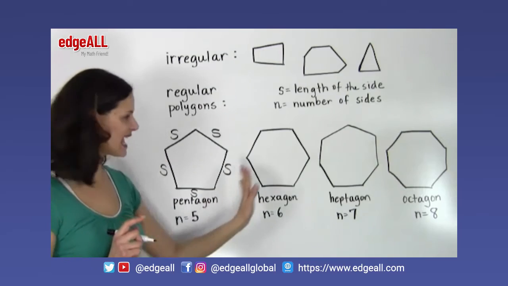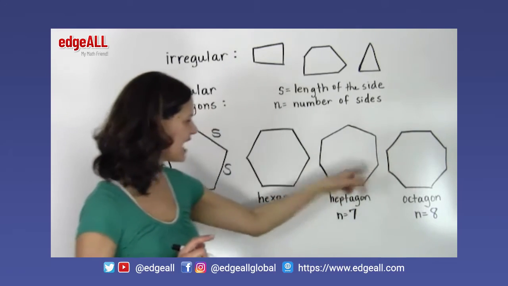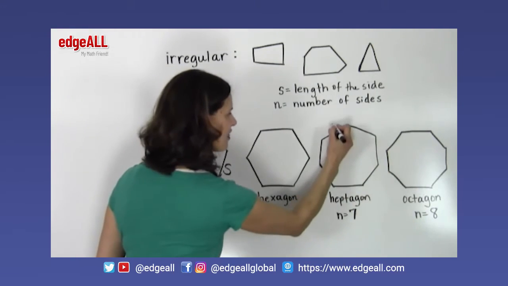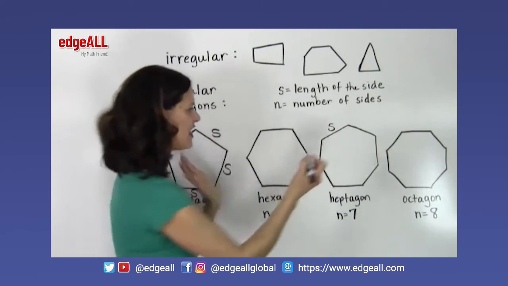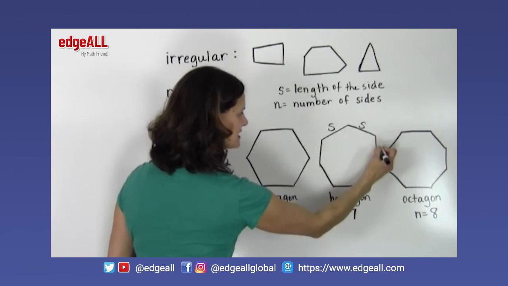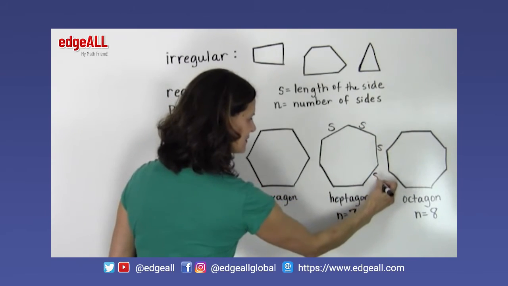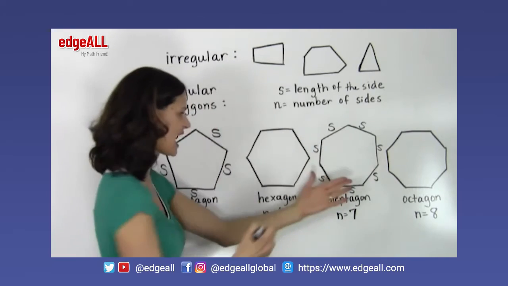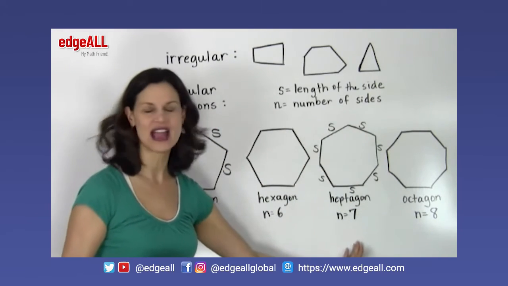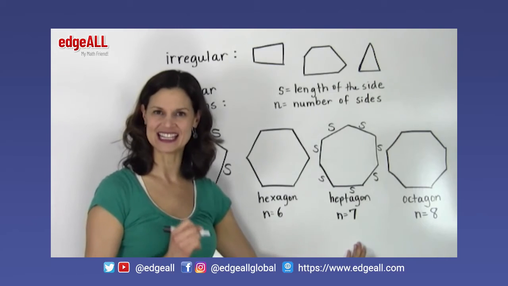And I could say the same thing for each of these. If, for example, on my heptagon, this side here is length S, then this side is going to be the same measurement, this side, this side, this side, all 7 sides of a regular heptagon are going to be equal in length.